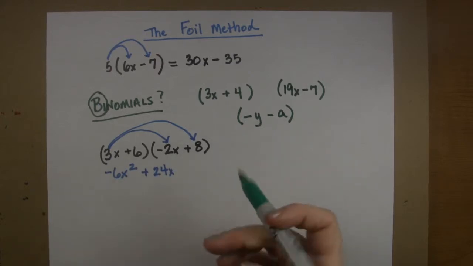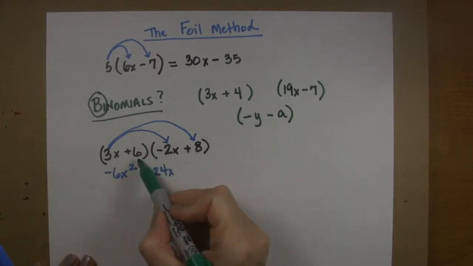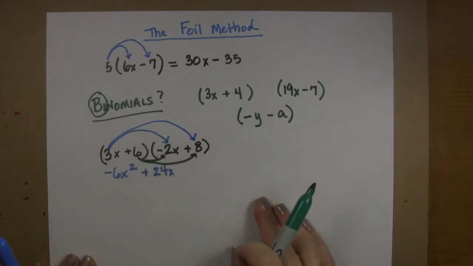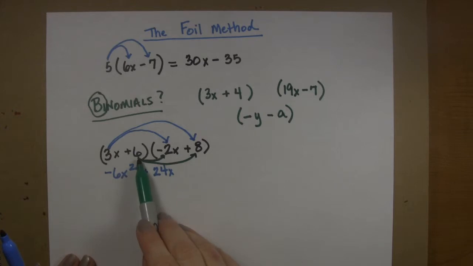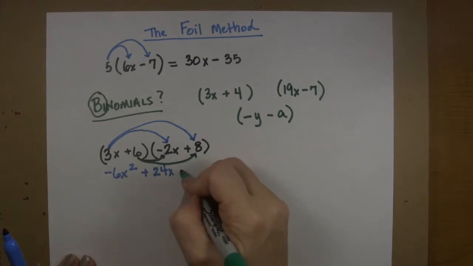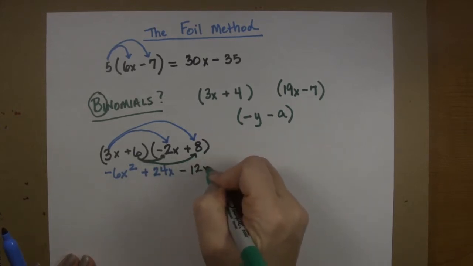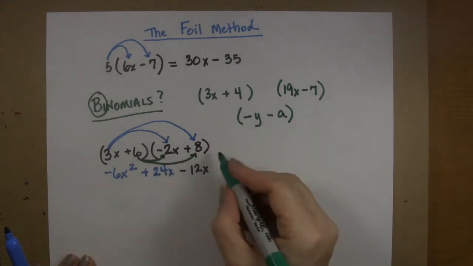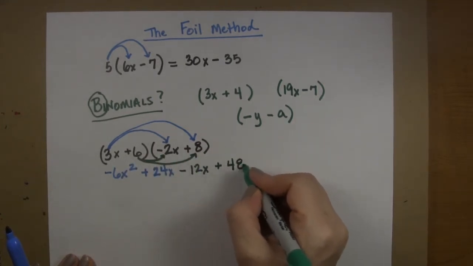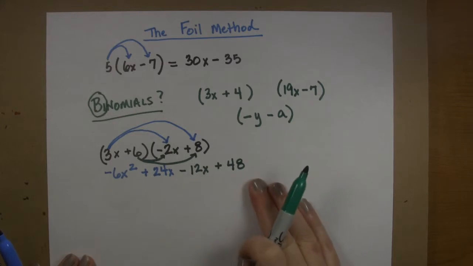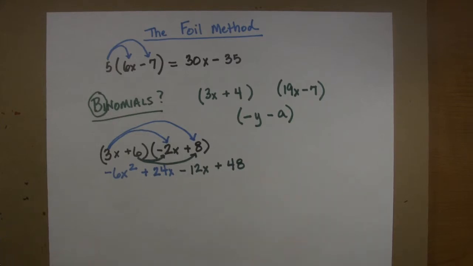And then when I'm done with that, I take the second term of my binomial and distribute that over everything in parentheses. So I would have 6 times -2x, which would give me -12x, and 6 times 8, which is 48. Now that I have all of this laid out, I can look for like terms.